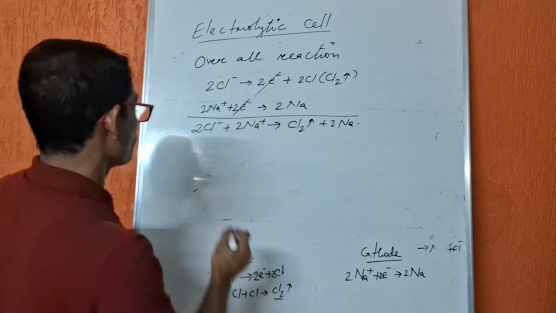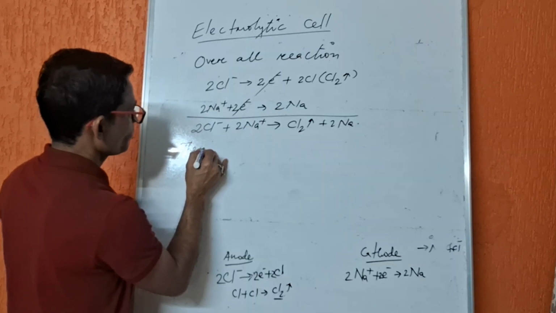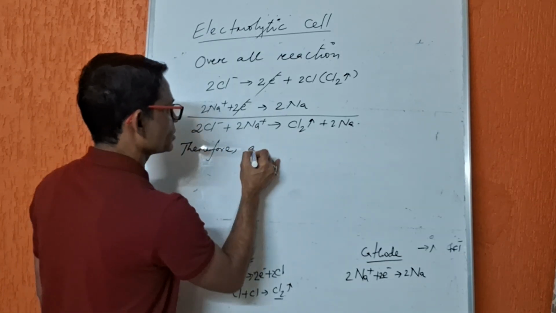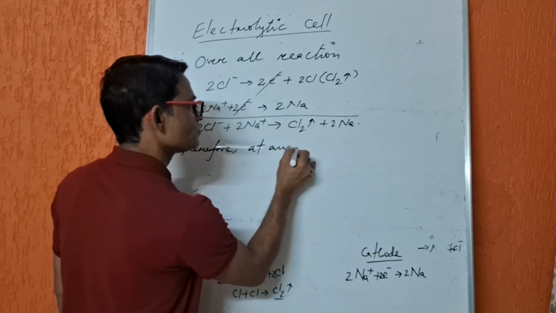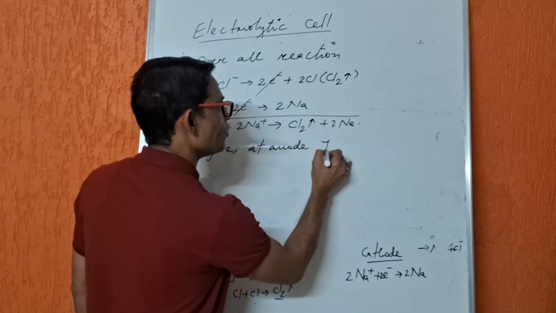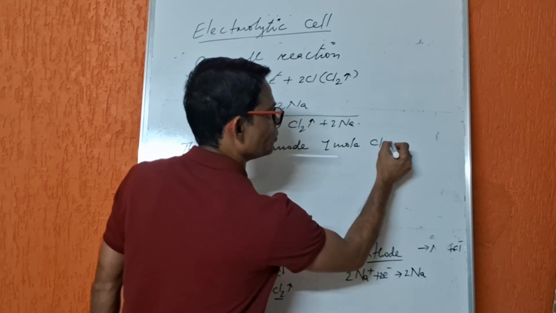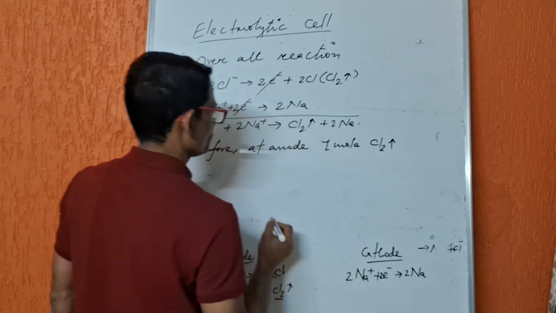Therefore at anode 1 mole of Cl2 is produced.